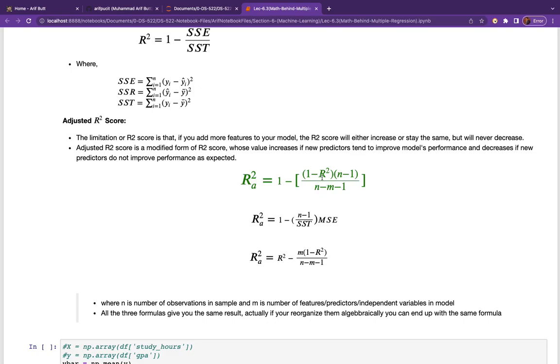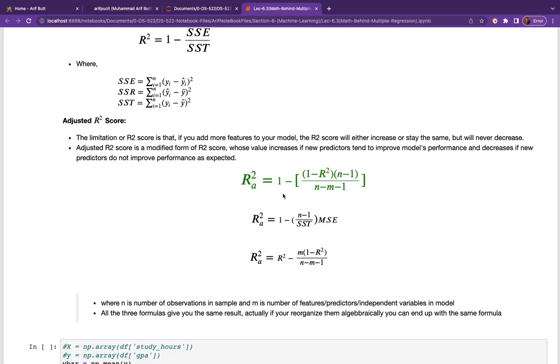Therefore, this overall second term will increase. So when you subtract it from 1, the overall adjusted R2 score will decrease. I hope this makes sense. You can always rewind this half a minute portion and listen to it again.